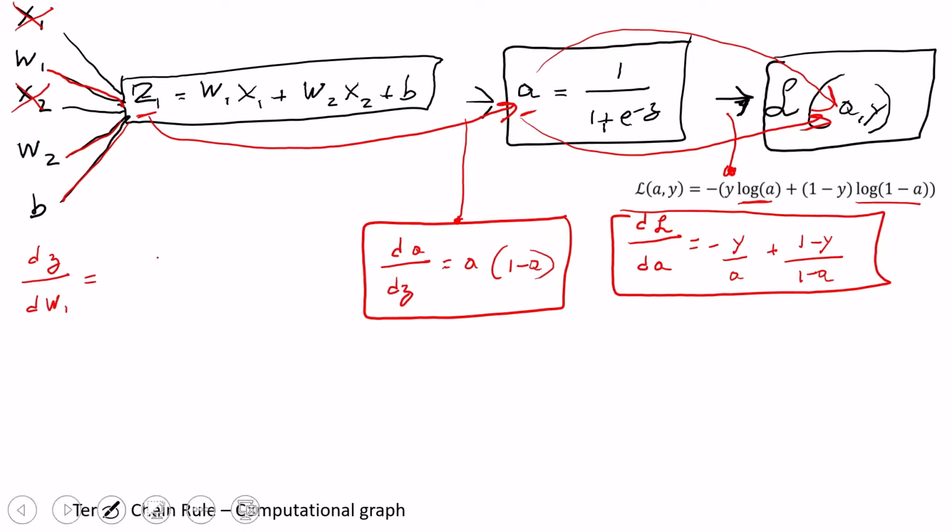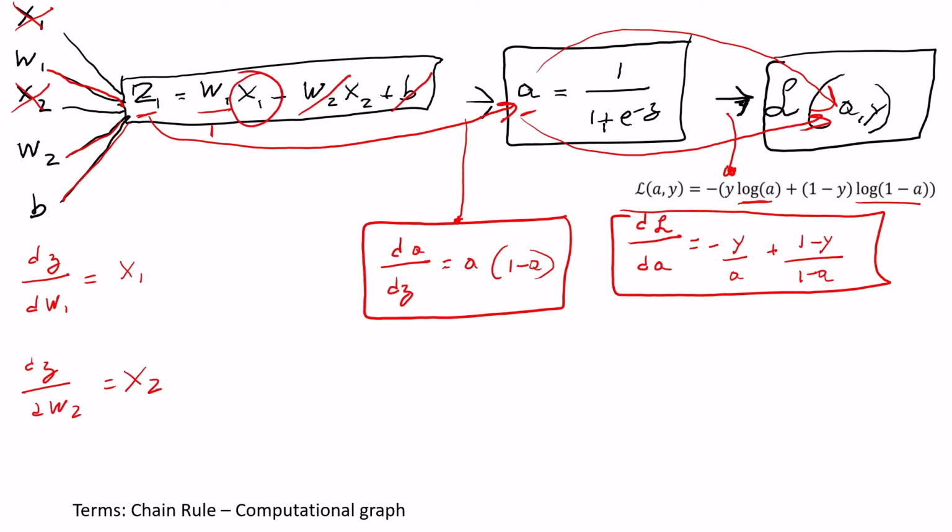If we look at this and apply the rules of calculus, the output of this is going to be simply x1. If we look at dz over dw2, the output is simply going to be x2. And if you want to know why, if we are looking at this equation from the point of w1, this goes down to 0, this goes down to 0, and this goes down to 1.